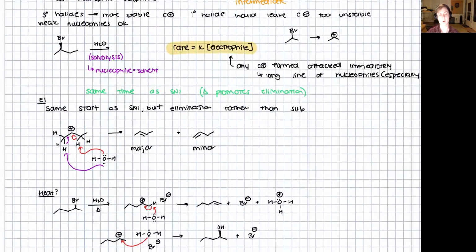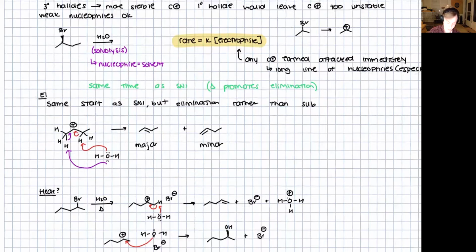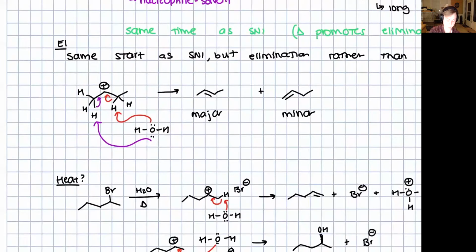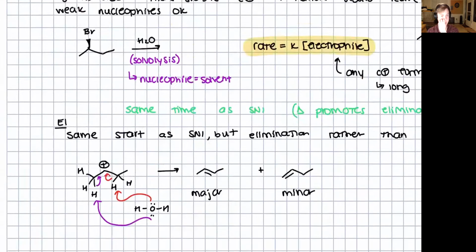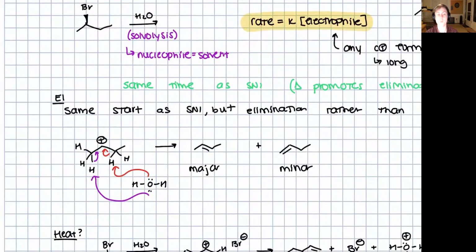SN1 and E1 follow a very similar mechanism, and at this point I picked up right here. What basically happens is we form the most stable carbocation, and then that's when we start branching. With SN1 we do the substitution, and with E1 we do the elimination. Here I have two sets of arrows.